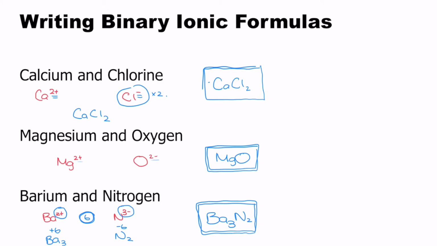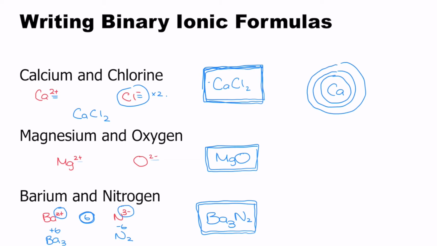Okay. And so what does all this mean? Why does it have a specific number that it needs to balance the charges with? Remember, a long time ago, we learned about how atoms will tend to give away their electrons or gain electrons to become an octet. So if I drew you calcium, what calcium has is, let's say, okay, it has a lot of electrons in its inner core, but on the very outer, calcium has 2 valence electrons.